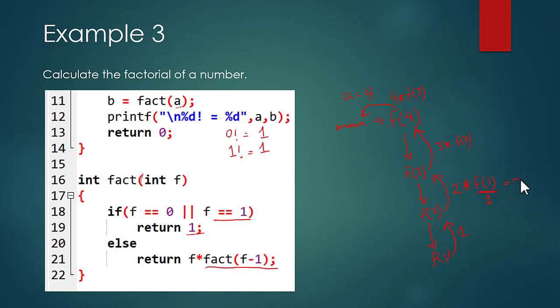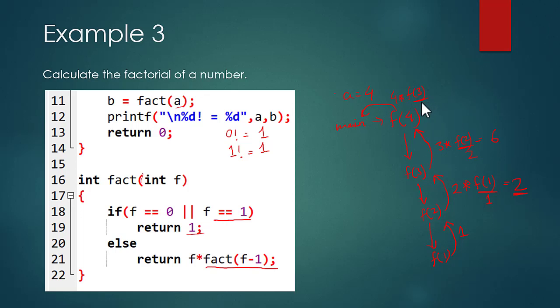Now this value 2 will be returned to f(2)'s calling function. Which one is this? The f(3). So in f(3), we will get 3 into f(2), meaning the value returned by f(2), that is 2. So f(3) will return the value 6 to its calling function, which is f(4). So f(4) will get the value 6 for this statement.